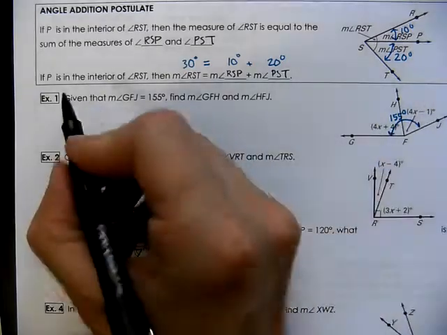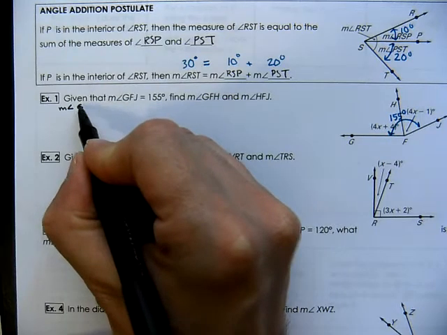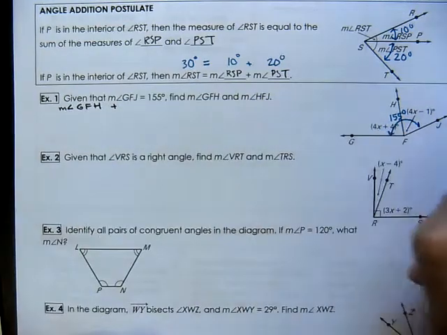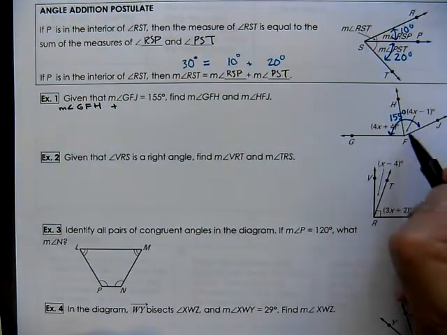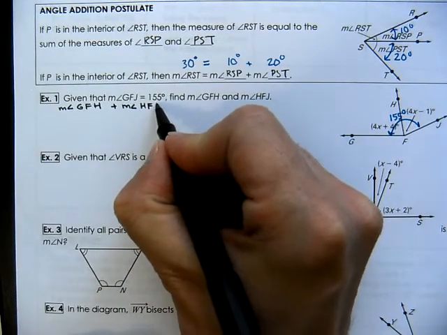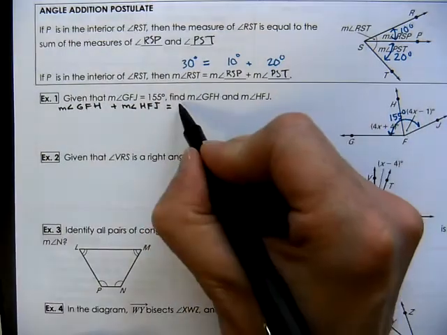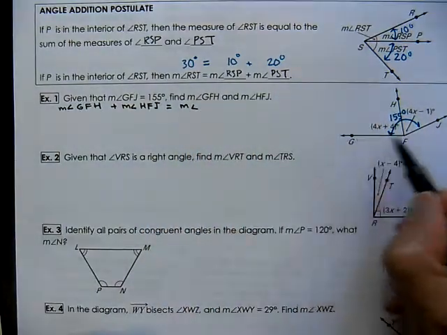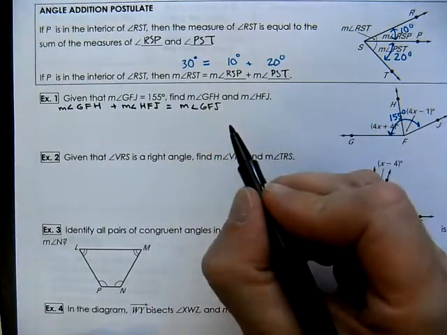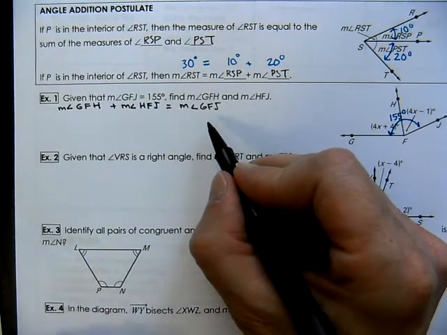Now if I call them out by names, that would be the measure of angle GFH, that's the angle on the left, plus the measure of angle HFJ, that's the angle on the right, and that would equal the size of the big angle, which is the measure of angle GFJ. That's the angle addition postulate by the name of the angle.